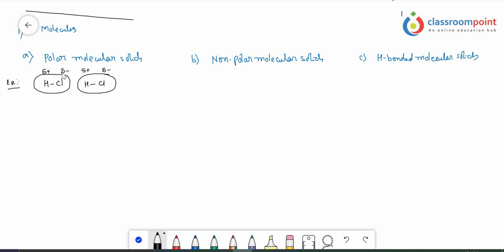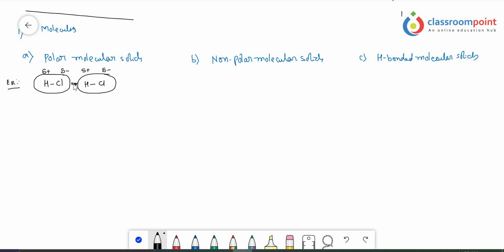Now here two poles are formed in the molecule, so it is called a dipole molecule. Here also two poles are there. So poles are there, hence these are called polar molecules. And there is a partial negative charge and a partial positive charge. So we can expect an attraction force between these two opposite charges. And these are not complete charges, only partial charges.